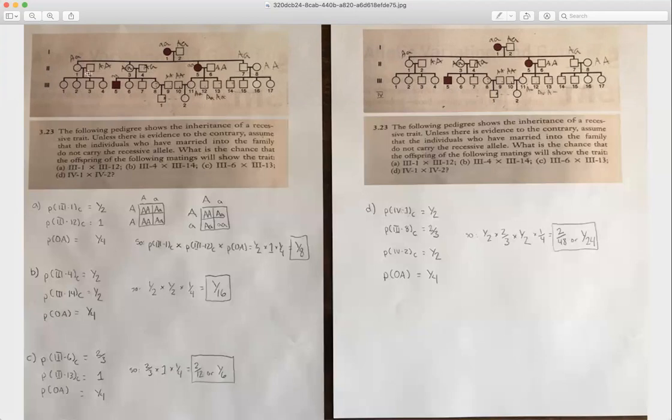Individual 2,2 here, there's no evidence to the contrary that individual 2,2 is a carrier because none of these individuals are affected. So we know that individual 2,2 has a genotype of big A, big A. Here again, 2,3 is just like 2,1. It's going to be a carrier, big A, little a. Also, 2,7 over here is also going to be a carrier for the same reasoning, big A, little a.